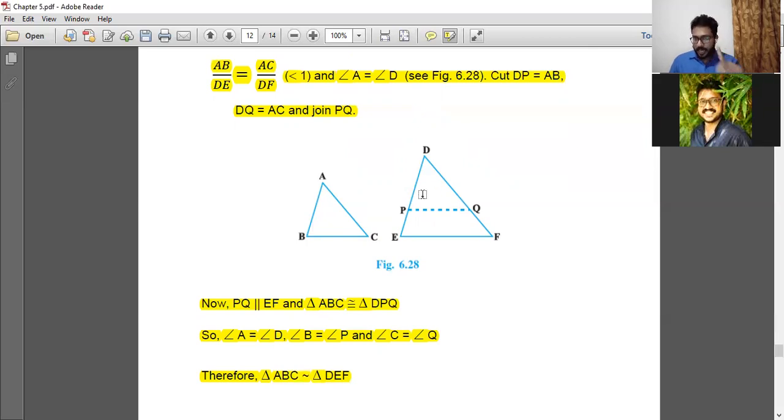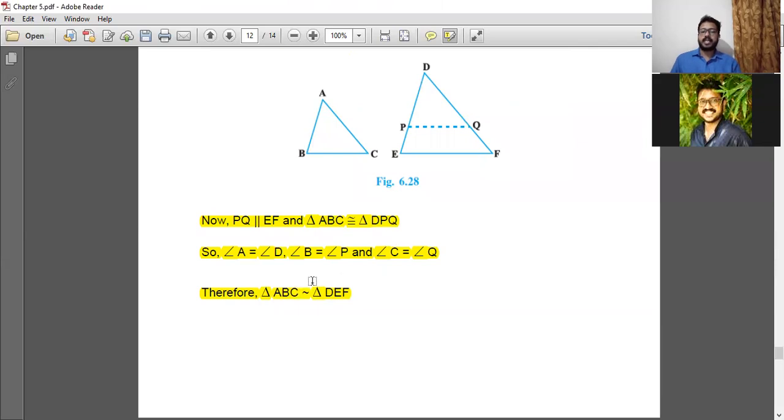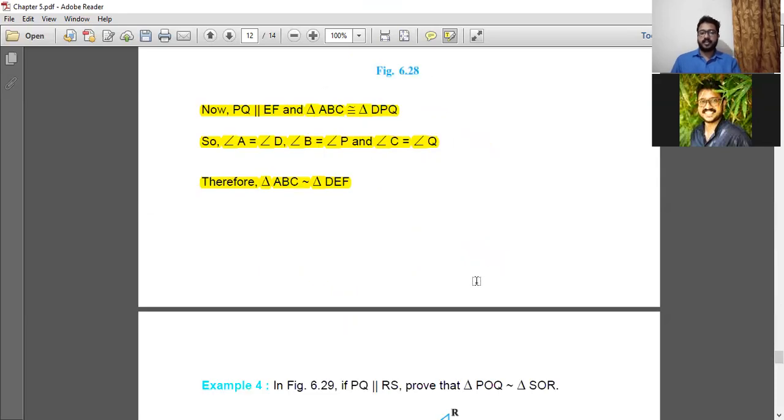First, the corresponding angles should be equal, then the corresponding ratios should be proportional, which is directly given to you. We are given that AB by DE is equal to AC by DF. Clear? So we can say that triangle ABC is similar to triangle DEF.